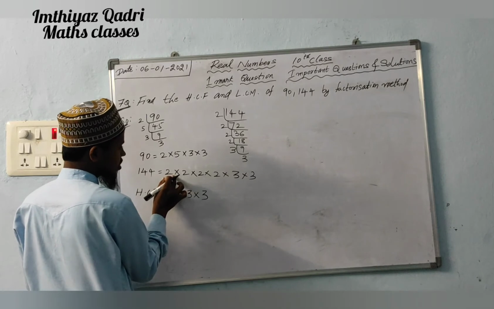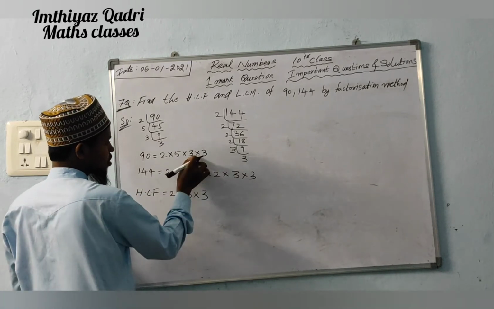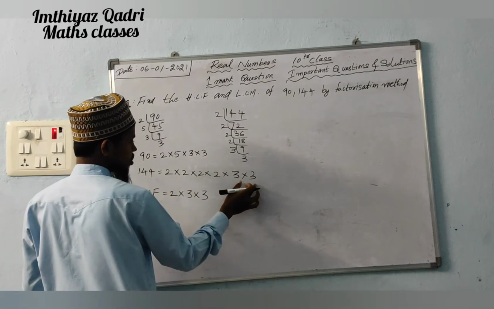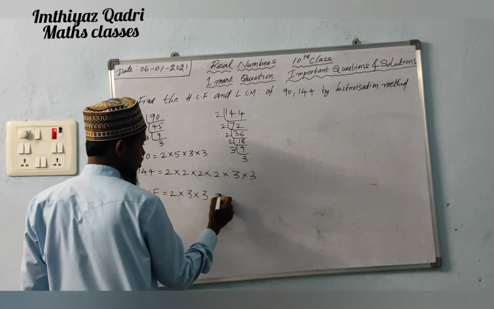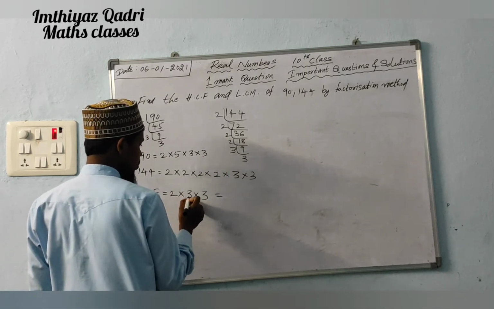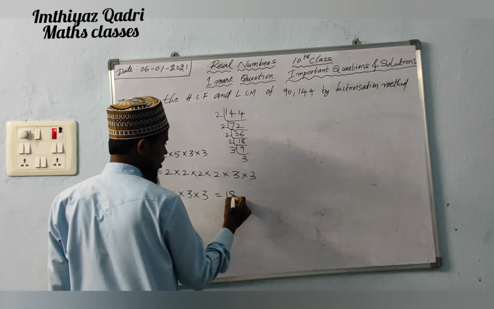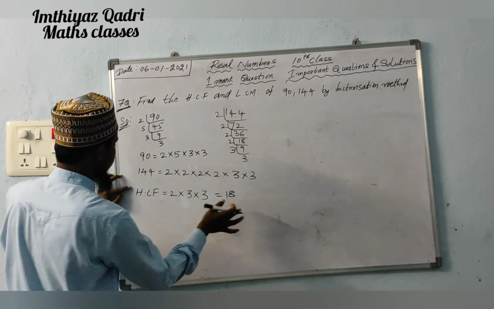Common factors: here 2 threes, here also 2 threes. We are taking 2 into 3 into 3. 2 threes are 6, 6 threes are 18. HCF of 90 and 144 is 18.